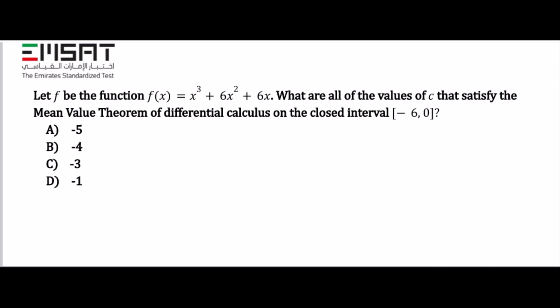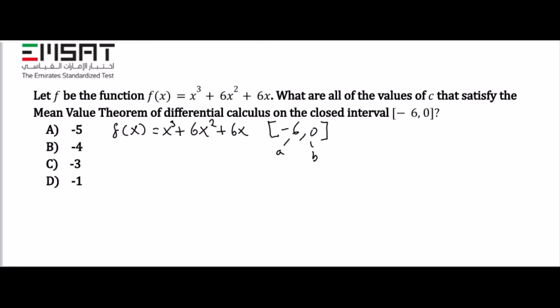So first, let us write the function given, which is f of x equals x to the power of 3 plus 6x squared plus 6x, and the interval which is given, -6 and 0. -6 will be A and 0 will be B.